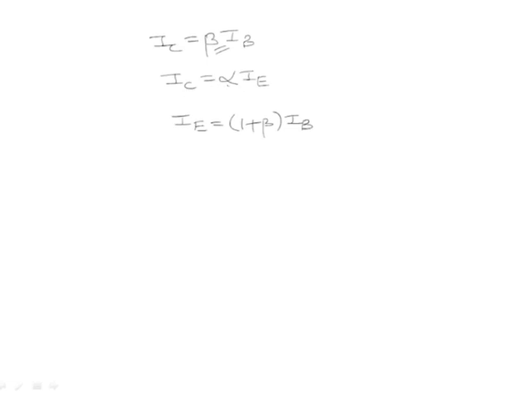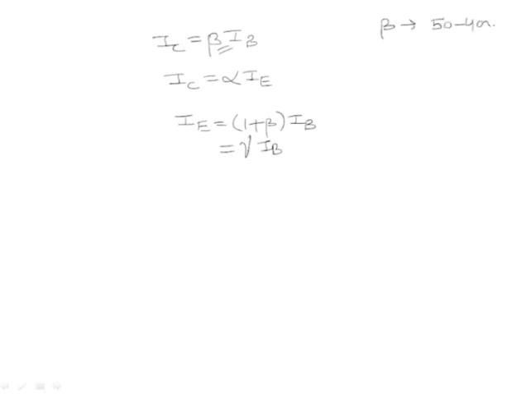Alpha is the common base amplification factor, and 1 plus beta, which we call gamma, is the common collector amplification factor. This beta comes in the range of 50 to 400, and alpha is less than 1.